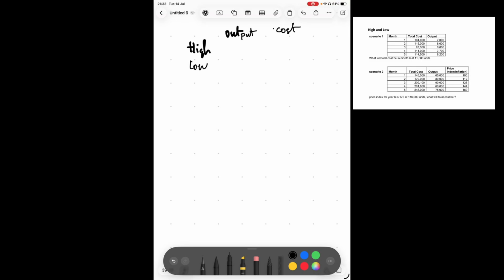From the question we are given, the highest output is 8,200, and the corresponding cost is 114,500.